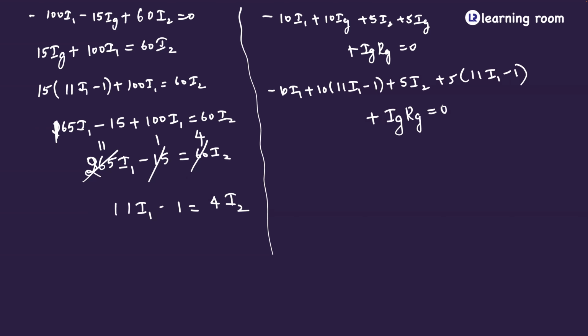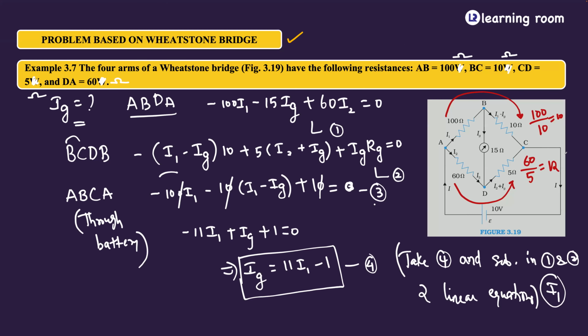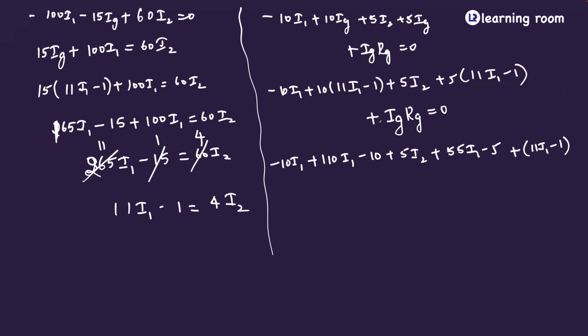So minus 10 I1 plus 110 I1 minus 10 plus 5 I2 plus 55 I1 minus 5, plus in this place also I'll substitute 11 I1 minus 1 into the value of Rg, which is 15 basically, right?